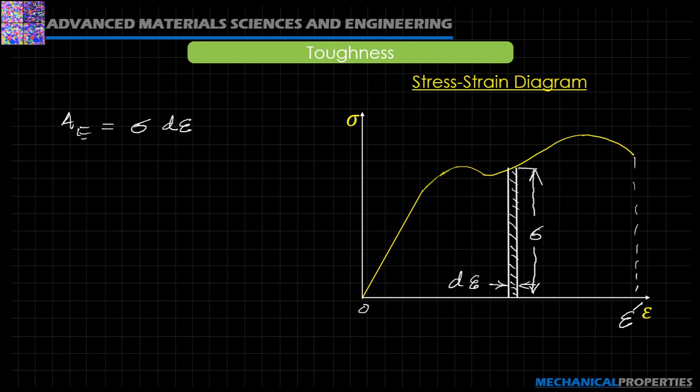Now if we consider the units, so units of this small elemental area, so this is the units of this Newton per meter square, and the units of epsilon are dimensionless. So finally the units of this elemental area are going to be Newton per meter square.